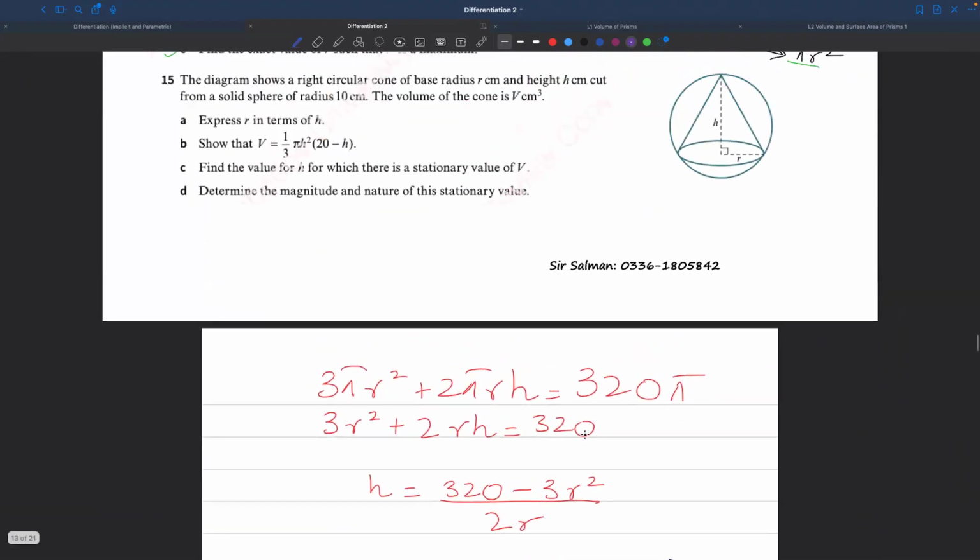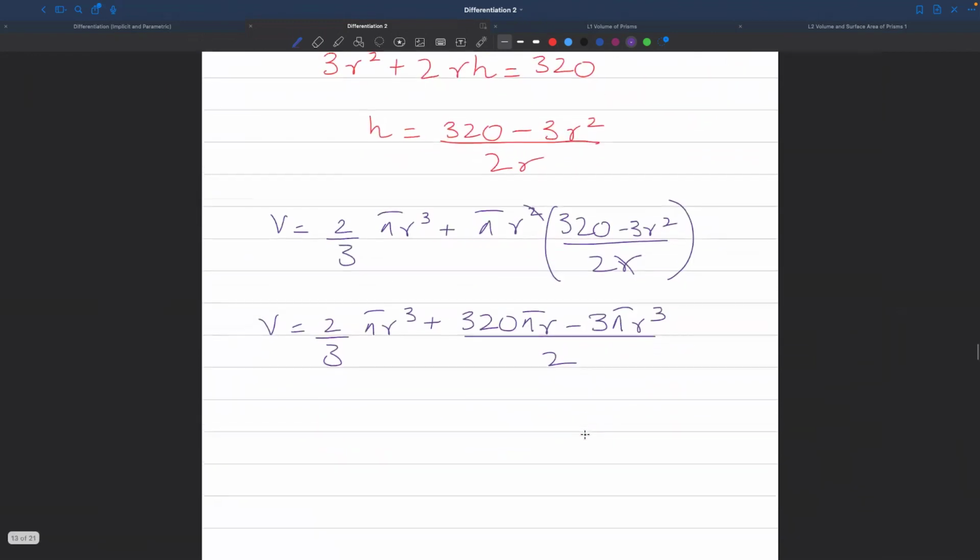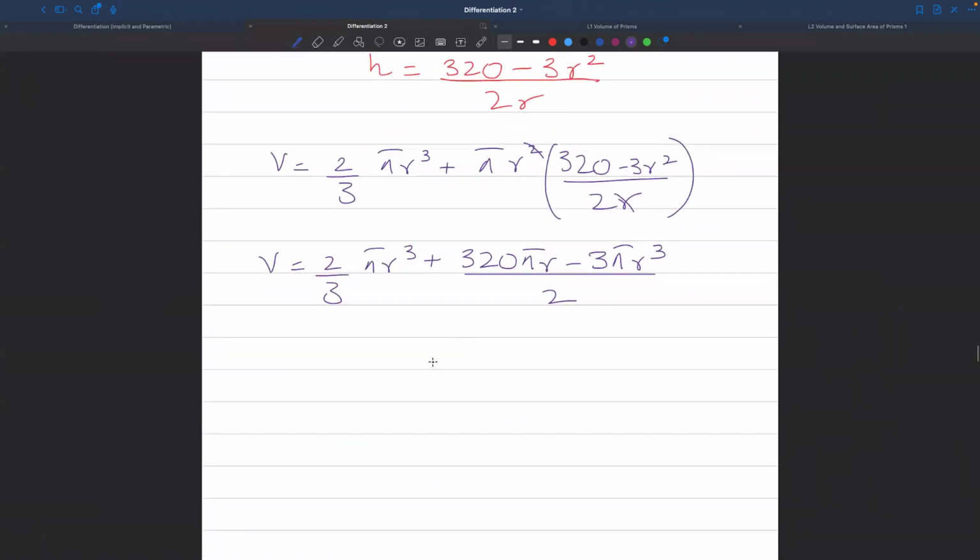Do I have to take the LCM? 160 pi r is coming, 160 will come pi r, right? If I divide by 2, this will become 160 pi r minus 3 upon 2 pi r cube, and this is plus 2 upon 3 pi r cube.